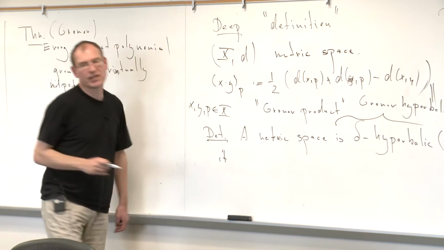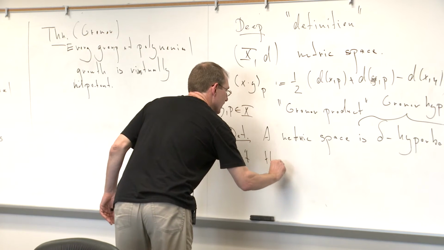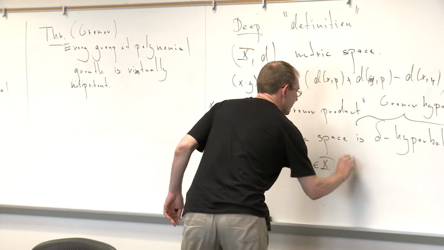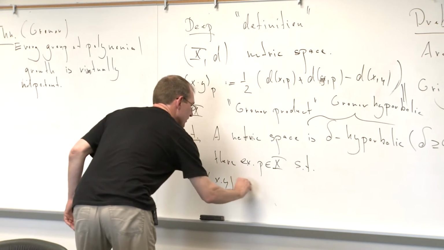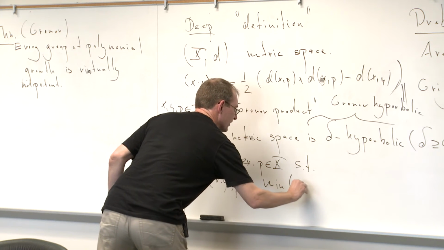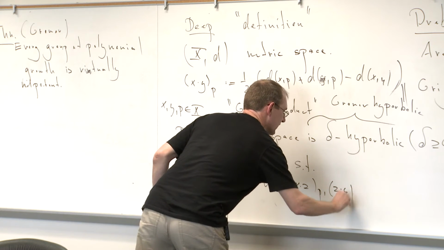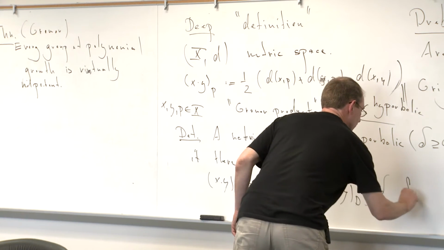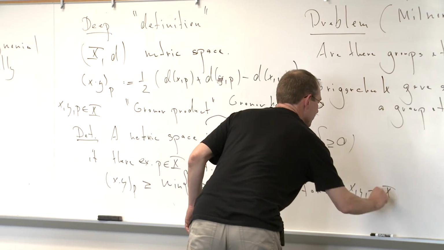Well, if a very harmless looking inequality is true, so if there exists a base point p such that this Gromov product (x.y)_p is greater or equal the minimum of (x.z)_p and (z.y)_p, and you subtract a delta. This should be true for all x, y, z in your space.